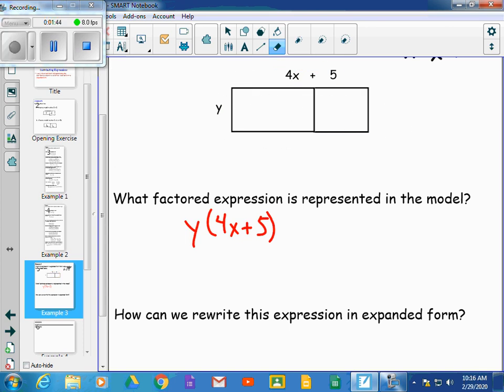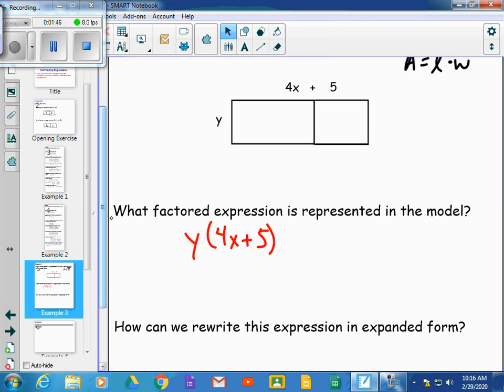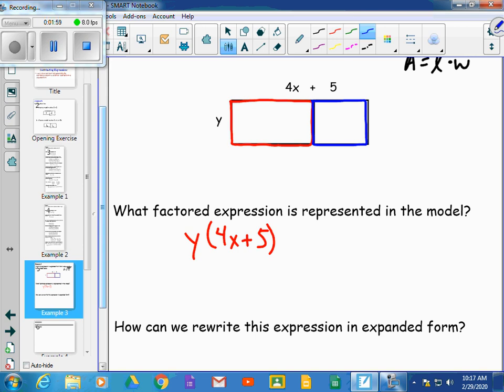Now we can understand this in our model by noticing that the rectangle is broken up into two smaller rectangles. I'm going to put them in two different colors here so that we can see the difference. So once again, remember, we can find the area of the entire big rectangle by going y times the quantity 4x plus 5.